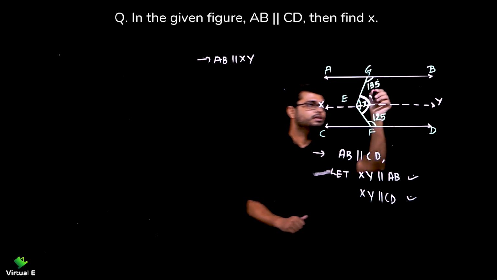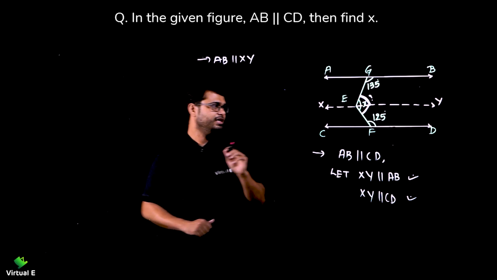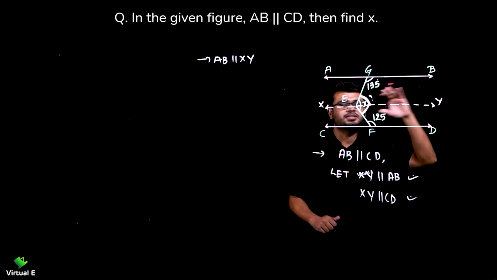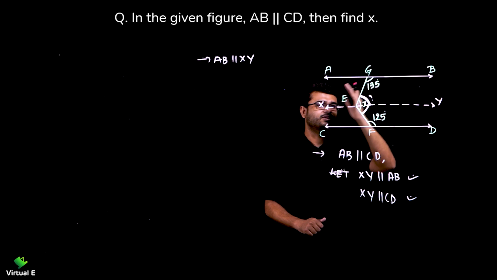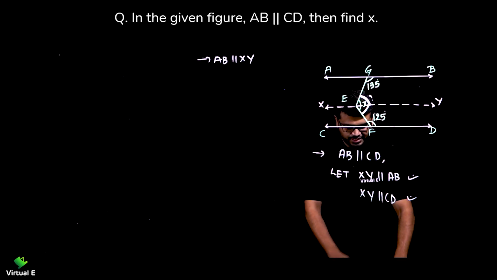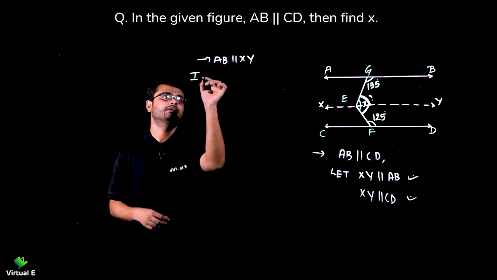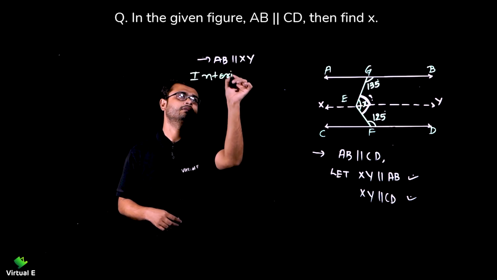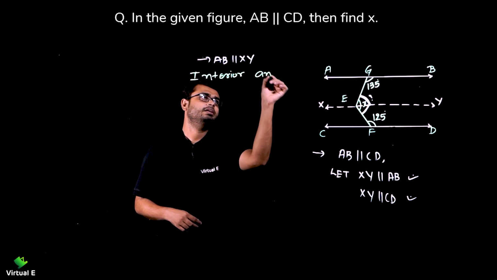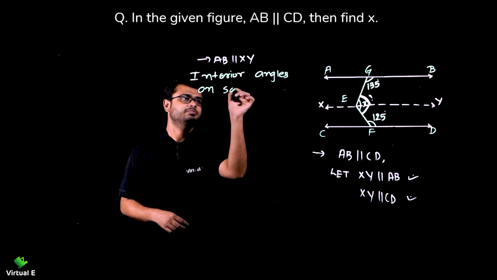So let's start with AB parallel XY. These two angles, what kind of angles are they? See, they are between the parallel lines, meaning they are interior, and they are on the same side. So that is IASS, interior angles on same side. So let's write interior angles on same side.